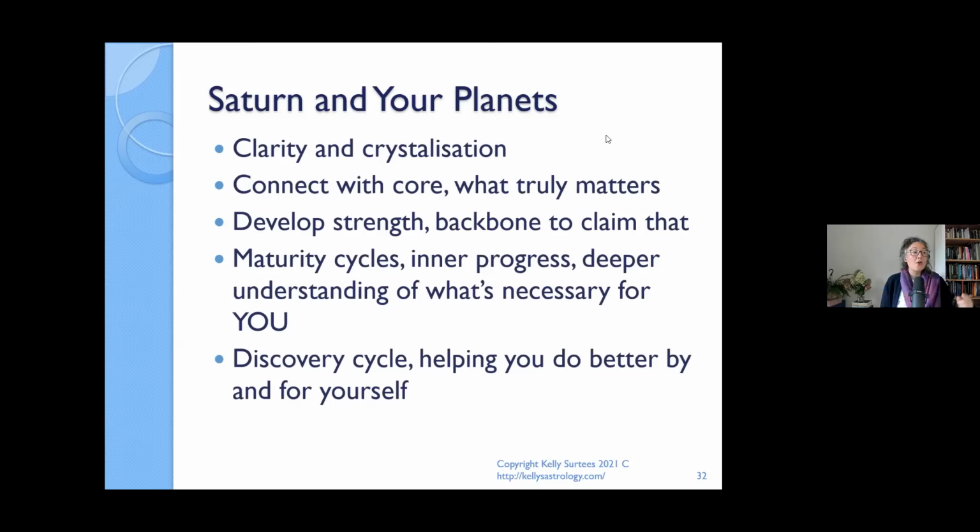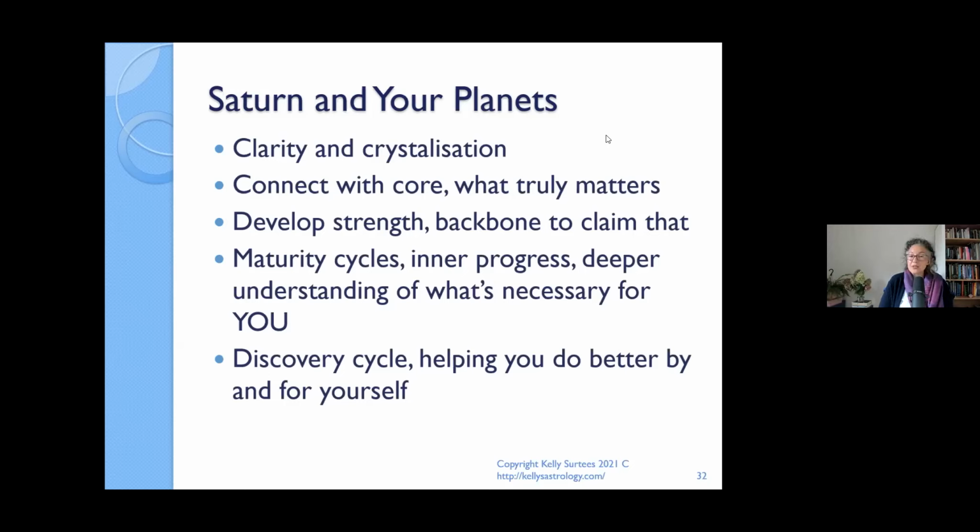Like the client who stopped drinking, for instance, you get to know that drinking's not good for you, and I think I might try not doing that. Or like the client with the Saturn-Venus transit, you get to define your worth, and you set an expectation that that's where you will be met by others out in the world.